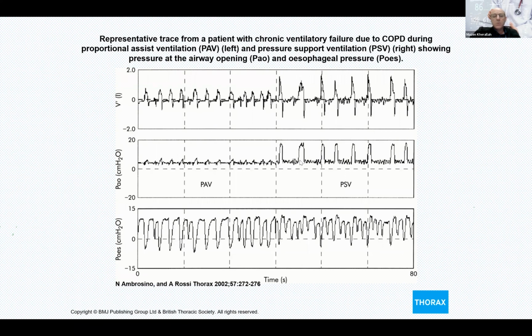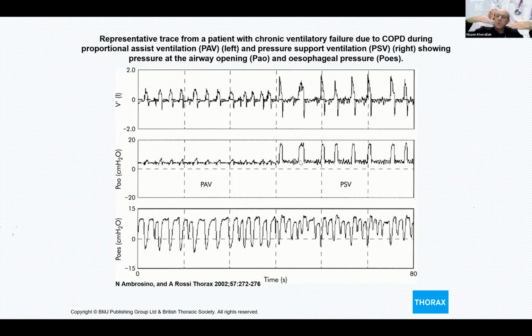So what is the difference between PPS and volume support? Okay, so volume support is also a mode that changes the pressure support for the volume that you set on the machine. The physician sets that volume on the machine and says that I need 400 tidal volume.